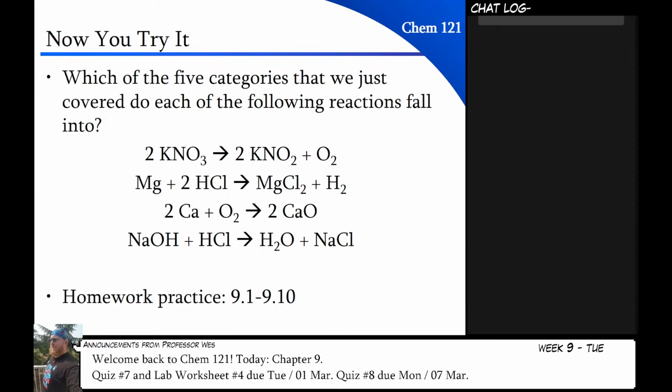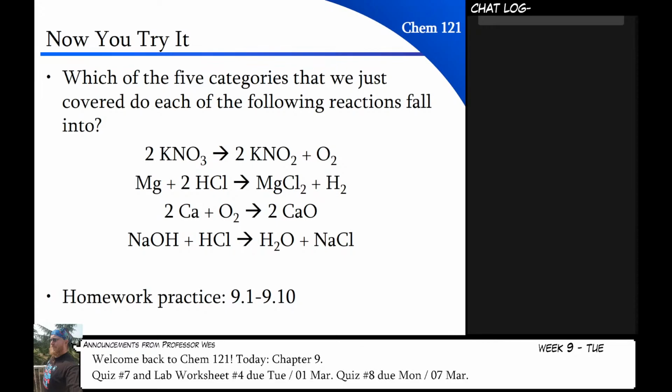But for now, using those 5 categories that we talked about yesterday, combination, decomposition, single replacement, double replacement, and combustion, apply those to the 4 reactions on the screen. You may have multiple things to apply to a given reaction.